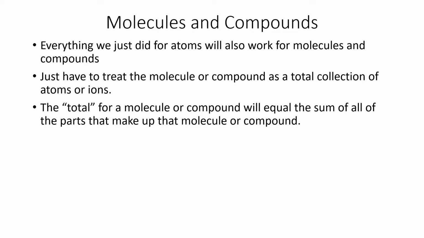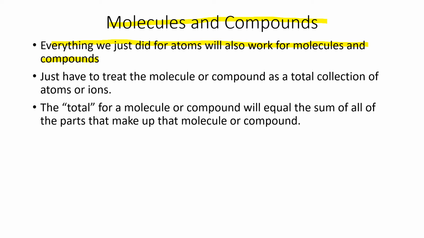So the two examples we just did worked for elements. Well, most of the matter you deal with are not things in their elemental form. We need to be able to deal with molecules and compounds as well. So everything we just did for atoms is also going to work for molecules and compounds.